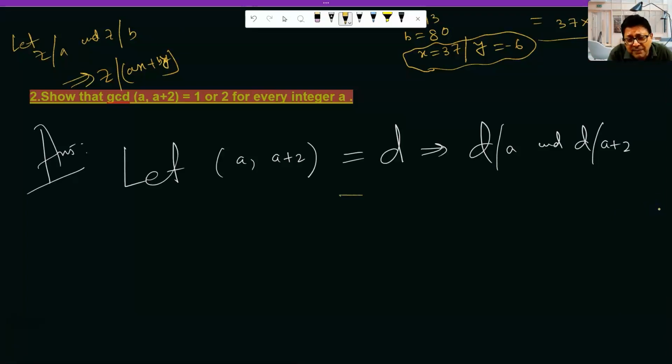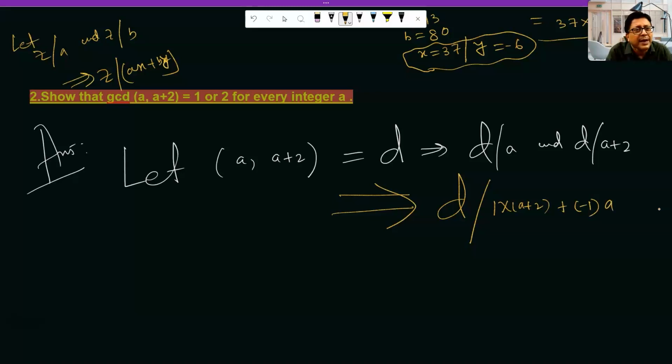So what does this imply? This implies that d divides 1 into a plus 2 plus minus 1 into a. I have taken x as 1 and y as minus 1. Isn't it? So what have we got here? This implies d divides a plus 2 minus a, so d divides 2.